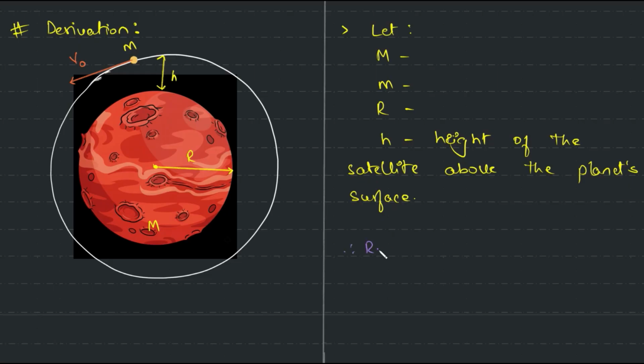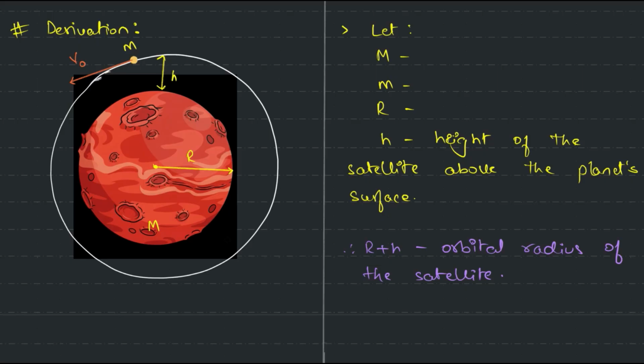Then R plus h will be the orbital radius of the satellite.